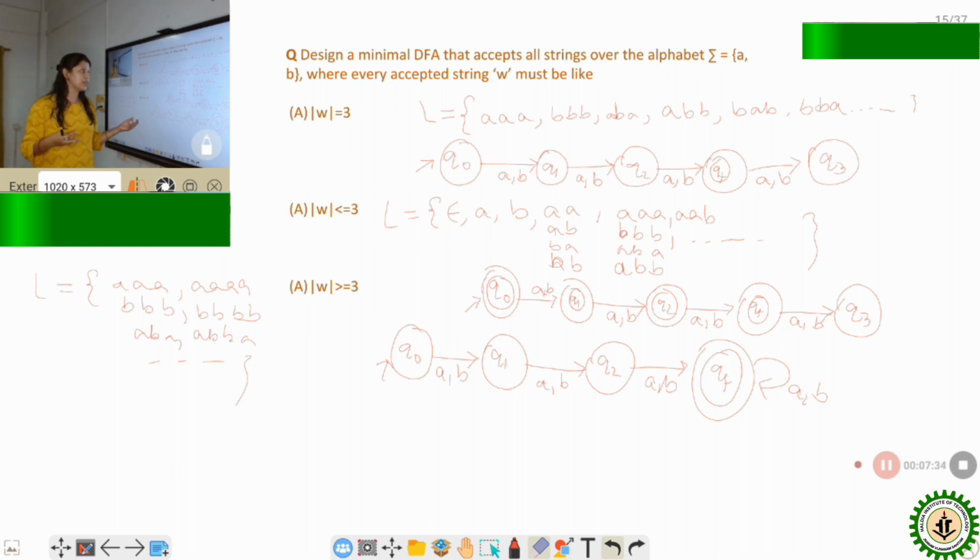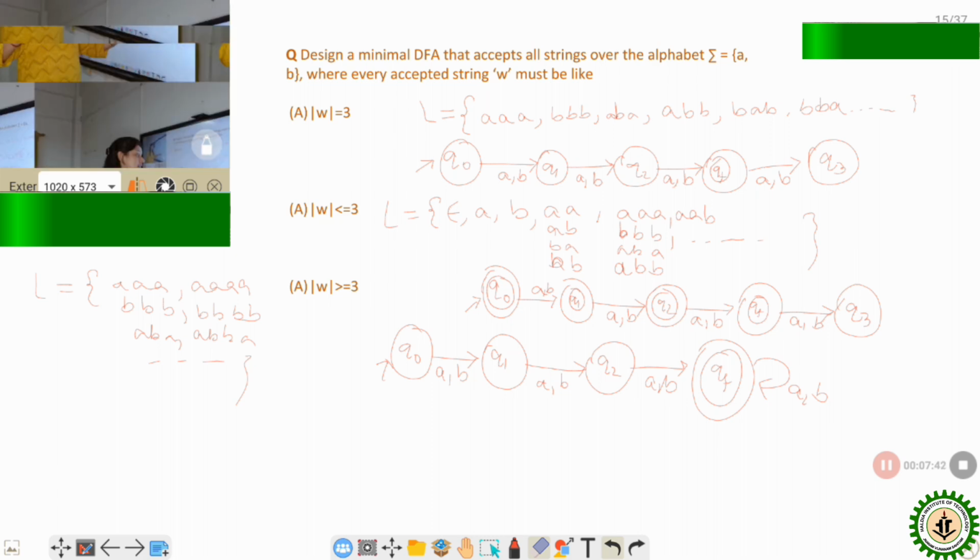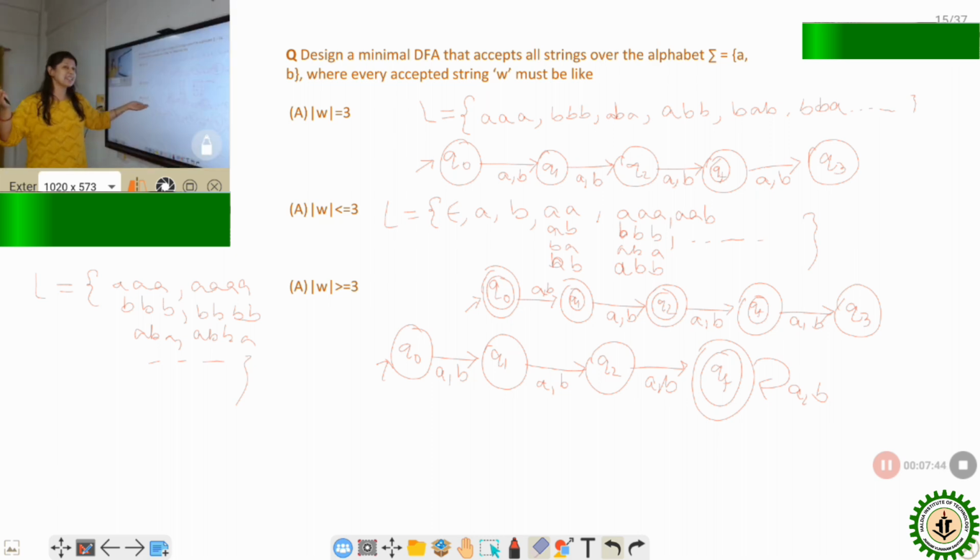When the length of the string is 2, it will also be invalid. When the length of the string is 3, it will be accepted, and when the length is at least 3, that is, greater than 3, it will be accepted.